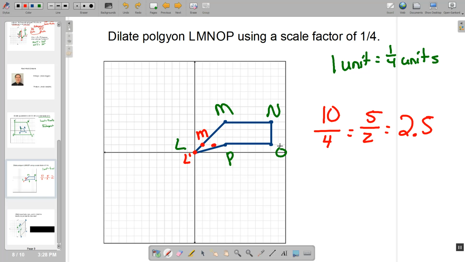Now, O is going to be directly down from N, so that means we have to do 1 divided by 4. Uh-oh, we have a decimal again. Who made these problems? So we get 25 hundredths, which is 1/4, just down here. It's going to be 1/2 of a half. And that'll make P have to be right here.